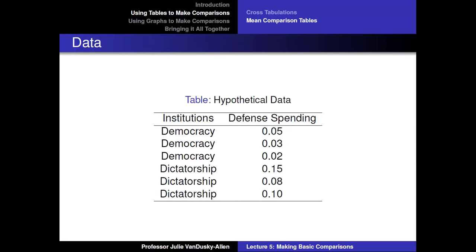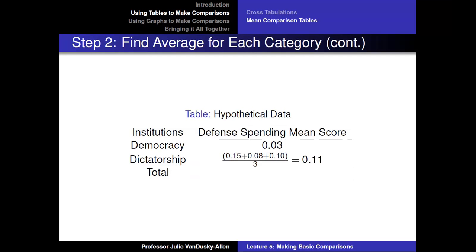For the dictatorship category, the calculation would be 0.15 plus 0.08 plus 0.10, and that value divided by 3 for 3 observations. Hence, the average defense spending as a proportion of GDP for dictatorships is 0.11.